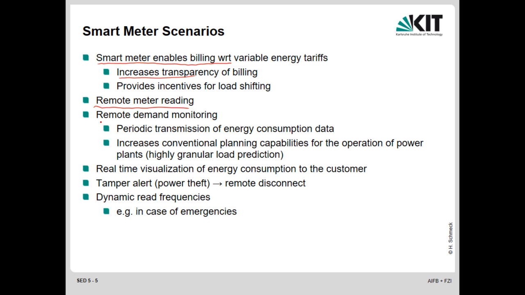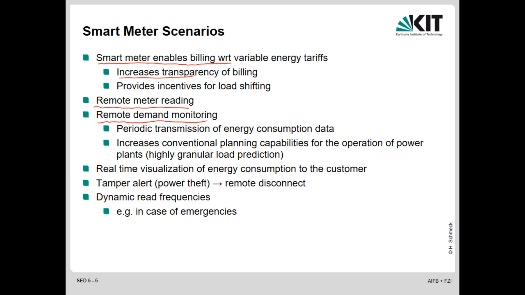Also, remote demand monitoring. You get more information on what's happening in the house. You could influence what's happening in the house, although that means you are not just reading something, you also have to be able to send information to influence what's going on in the house.